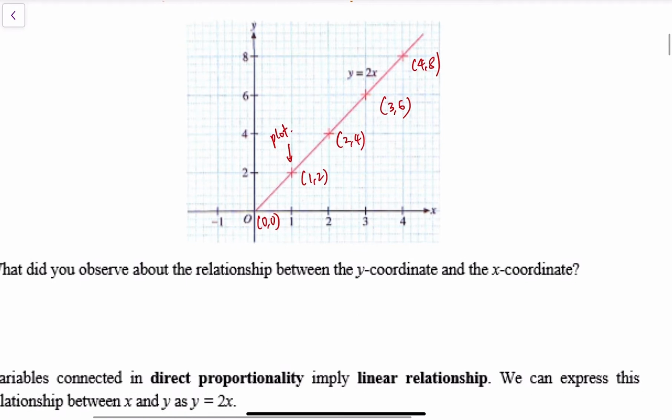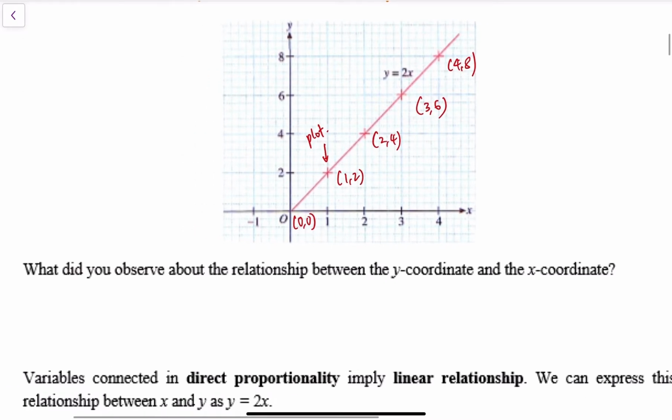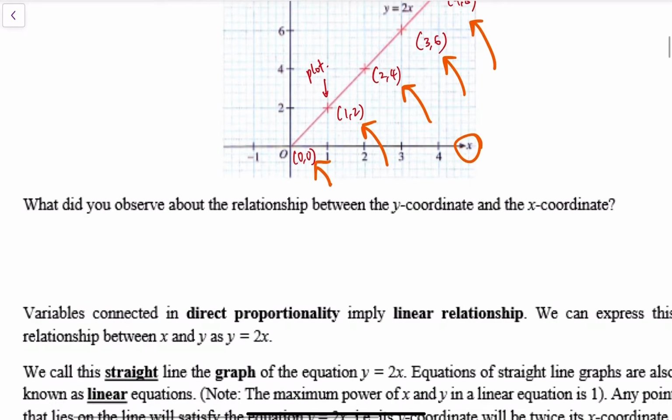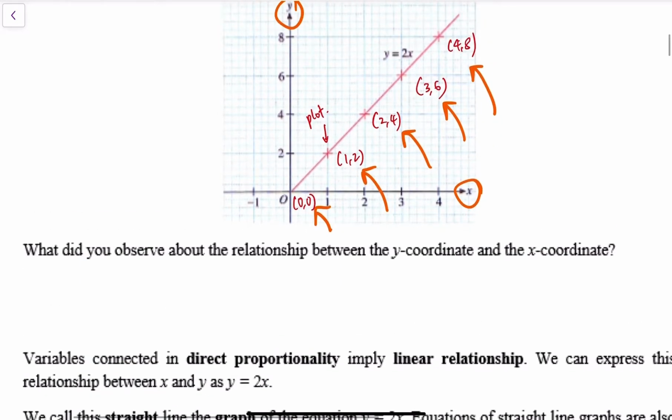Okay, so now looking at this, can you tell me the relationship between the y coordinate and the x coordinate, by looking at these points here? Explain or describe it mathematically as much as possible.